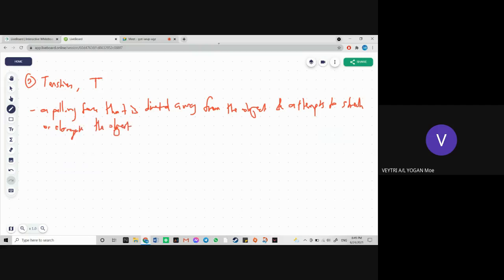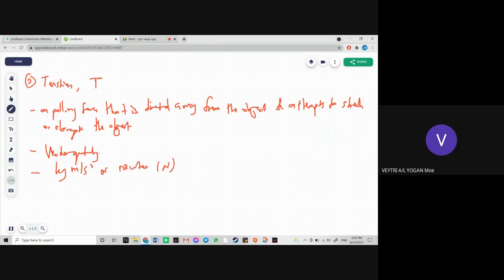Okay, let me just repeat here. Tension force is a pulling force that is directed away from the object and attempts to stretch or elongate the object. Basically, you put tension on something, you start to stretch something. That is tension force. Okay. Tension force is also a vector quantity. Next, the unit. You can use kilogram meter per second square, or as simple as it is, Newton.